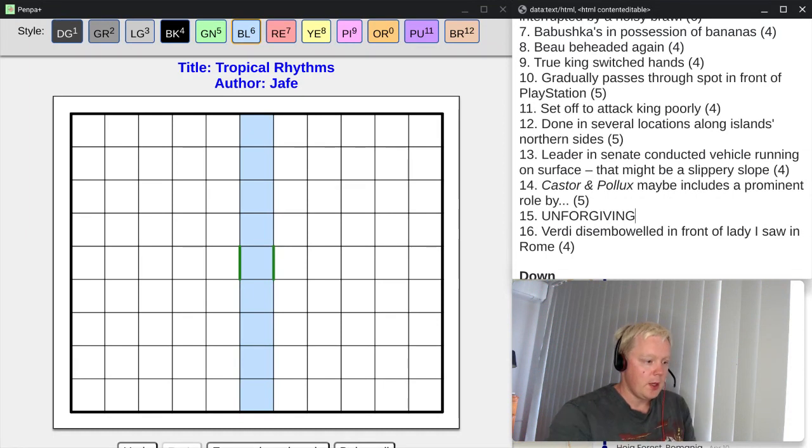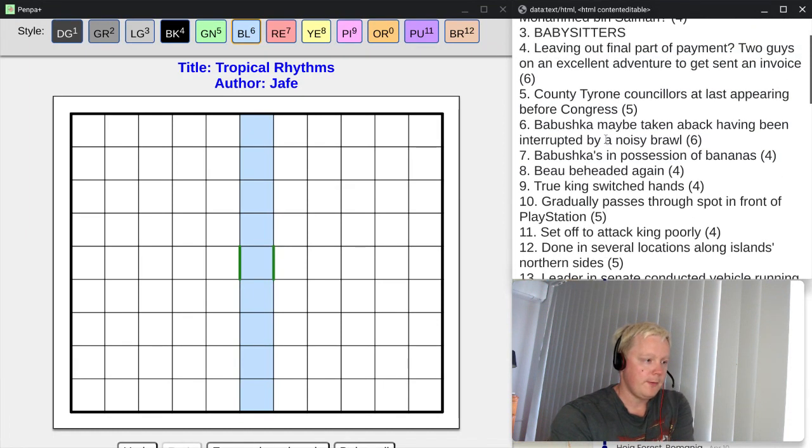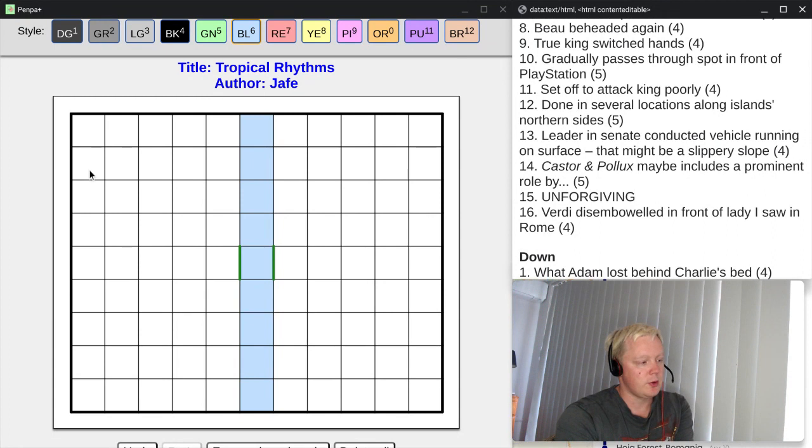Then we now have unforgiving and babysitters, which we are going to be fitting somewhere here. Now let's look at, we can tell something else about these two words, unforgiving and babysitters. Wherever they go in the grid, this one is going to clash with exactly one letter from those.